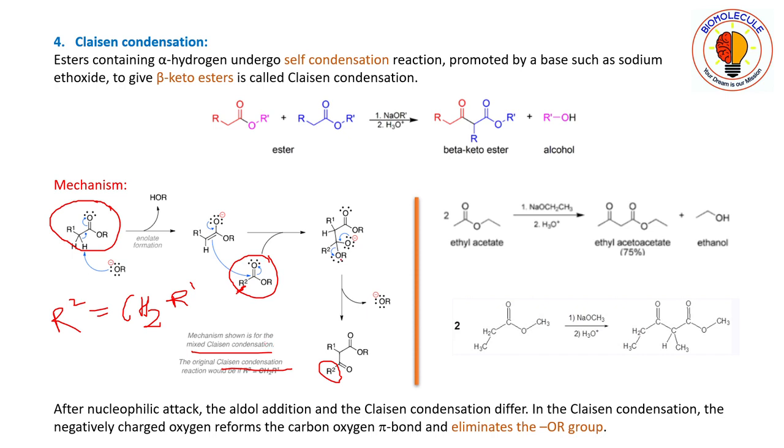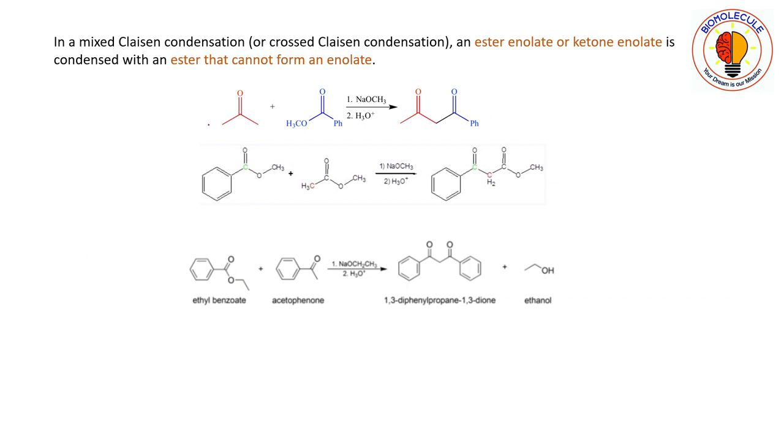Okay, so mixed Claisen condensation is nothing but a crossed Claisen condensation. Here we are taking an ester enolate which is condensed with an ester that cannot form an enolate.